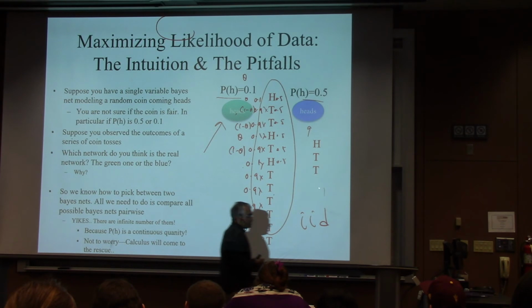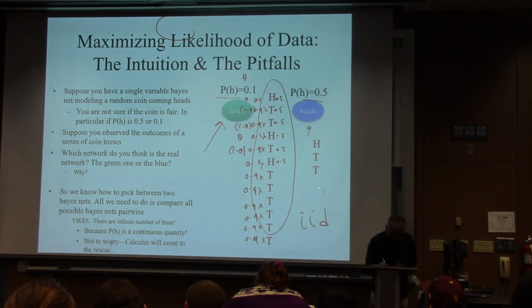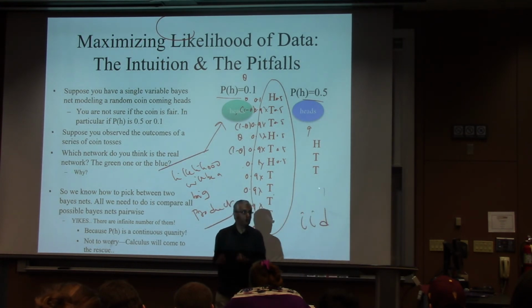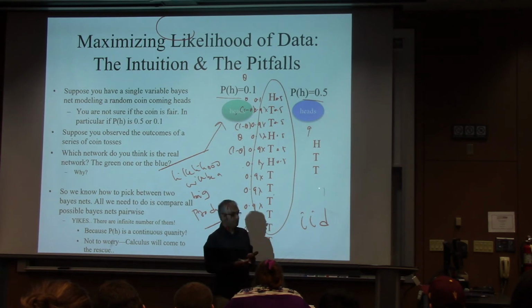In that case, you will always get the likelihood to be a big product. Likelihood will be a big product, and you need to essentially maximize it. There are two issues.